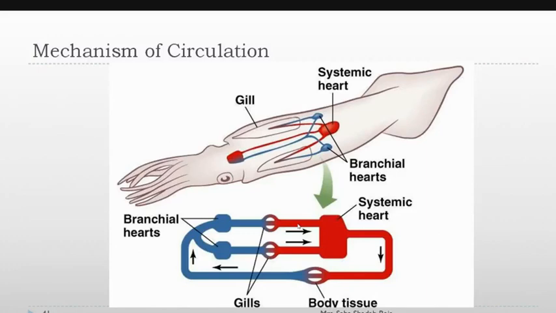From the vena cava, it will go to their side of the branchial heart, and from the branchial heart it will go to the gills, or you can say the ctenidium, and from the ctenidium, again in the lamellae gaseous exchange will happen, and after that oxygenated blood will come to the systemic heart. So you have to remember this blood cycle. This is all about the circulation of the sepia.